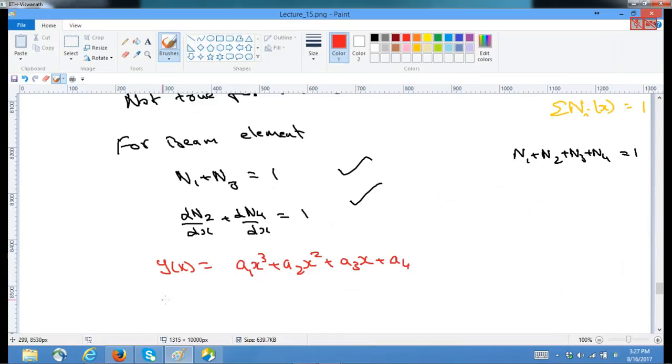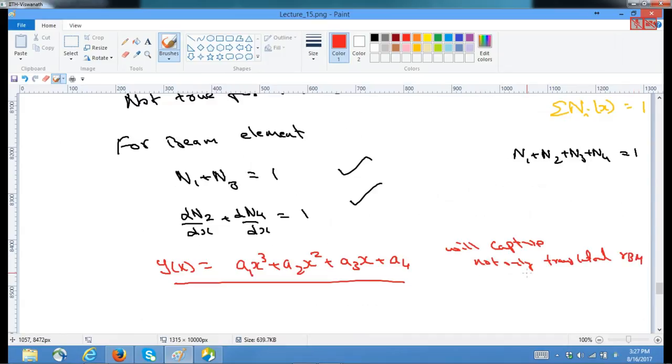Our assumed approximation will capture not only translational rigid body motion, but also rotational rigid body motion.